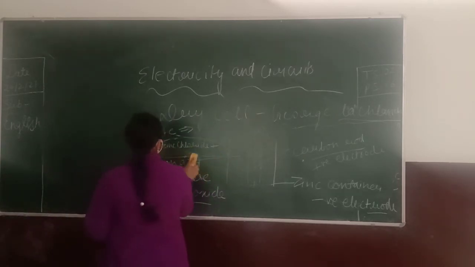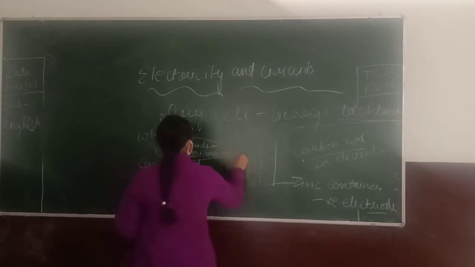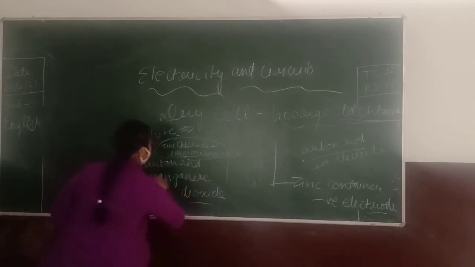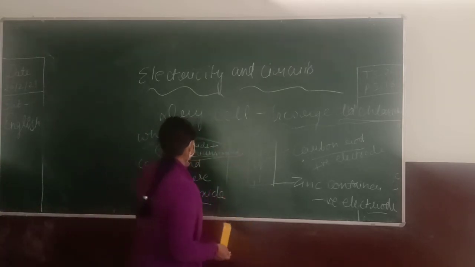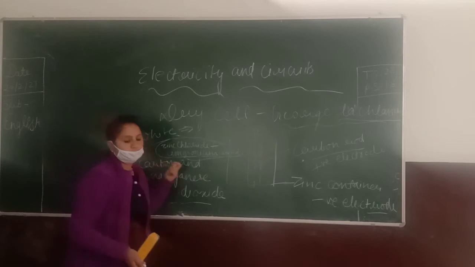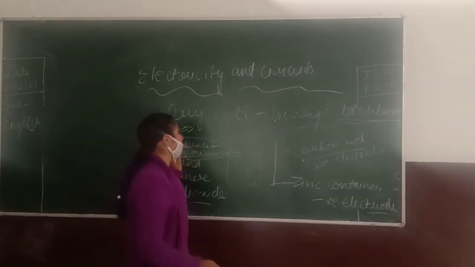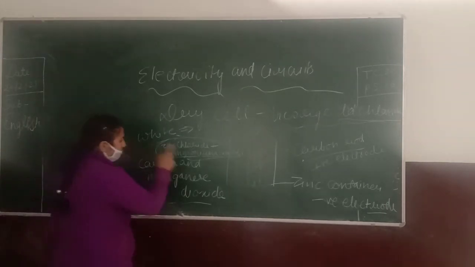I forgot it; manganese has already come here. This is ammonium chloride. By mistake I wrote this. Carbon and manganese dioxide is the powdery substance, and zinc chloride and ammonium chloride is the mixture of the white paste. I slipped up; I was just writing something wrong.